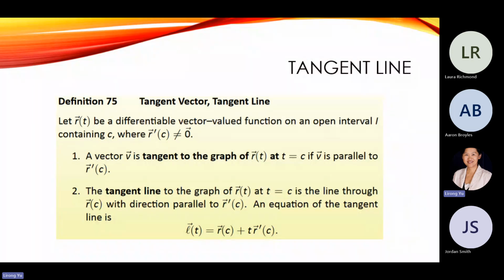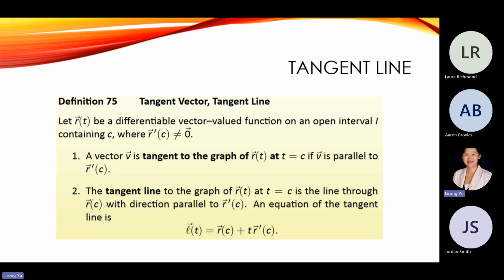If you have a vector valued function, for the derivative you find the derivative of every single component. Now you have r prime t, the derivative vector, and the derivative vector is the direction vector of your tangent line. So being able to find the derivative of your function allows you to determine your tangent line.